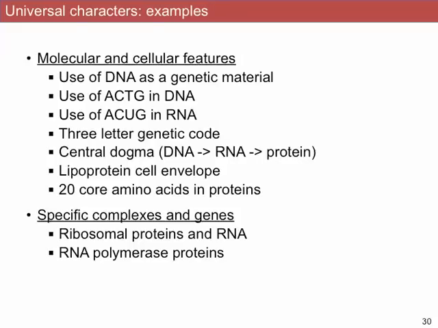What is the probability that it would use a 3-letter code, that it would do things in this way, that it would have 20 core amino acids, and so on? And the conclusion is that the probability that all of those things would happen in exactly the same way in different lineages, even with very strong selection, is very low. And that these are not just universal features, but they are universal homologies between all organisms on the planet.